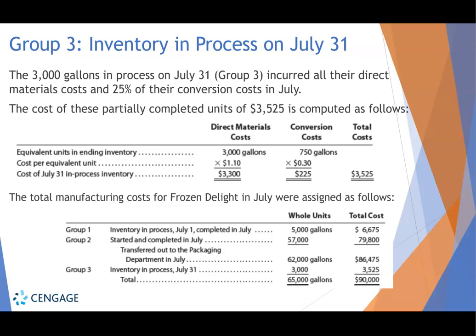So the direct materials of $3,300 plus the conversion cost of $225 gives our total cost for our ending in process of $3,525. So you see here the whole manufacturing costs are assigned to Group 1, Group 2, and Group 3. We account for all 65,000 gallons, and the total cost here is $90,000.